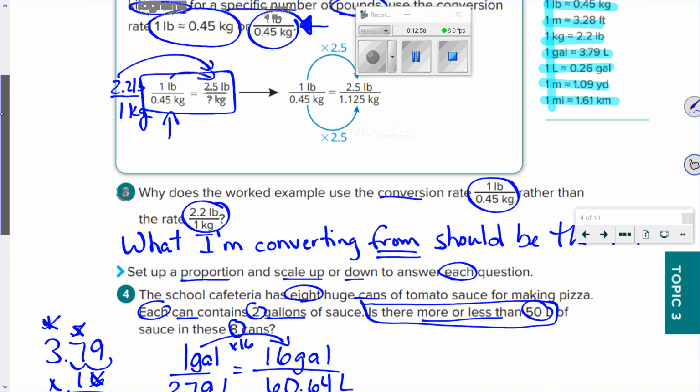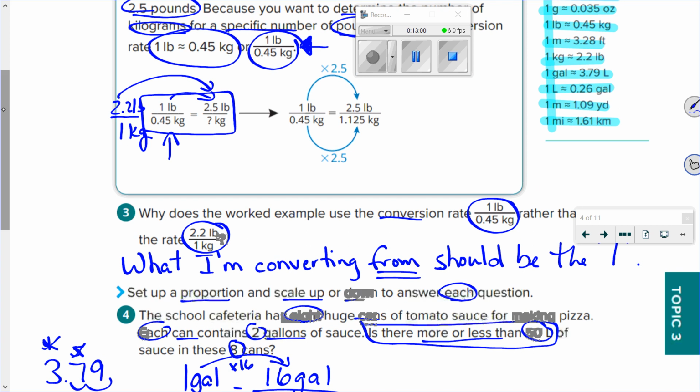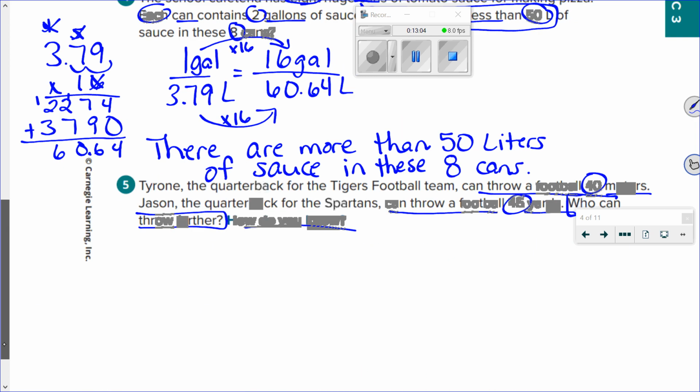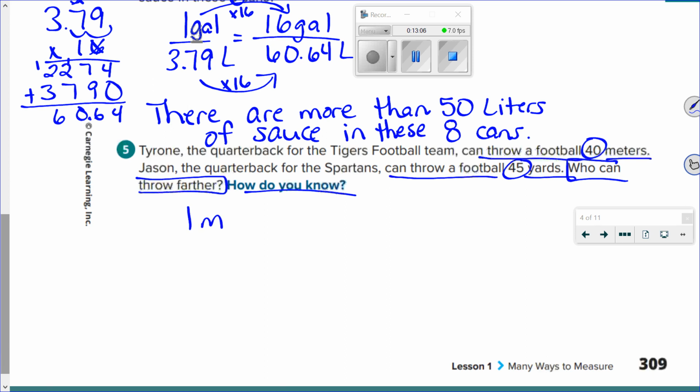So if I look up here, I see that 1 meter is 1 900 yards. And I just write that as a fraction. Now I know that I want to multiply times the 1 because it's easy. Anything times 1 is easy, right? So 1 represents our meters. So I'm going to look for meters in our problem.